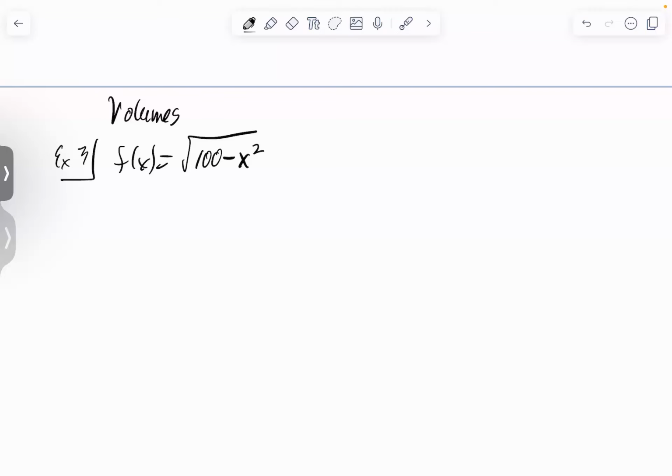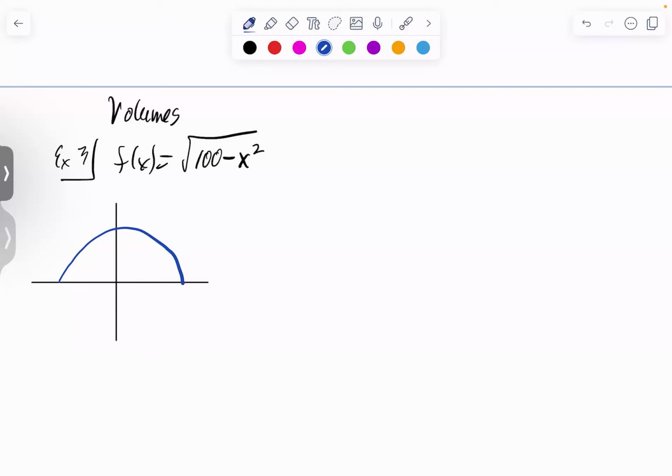We're going to go around the x-axis from 2 to 10. So let's get an idea of what graphically this is going to look like. So we have our graph, which is a circle. In this case, it's the top half of the circle because it's the positive root 100 minus x squared. And we're going to be going from 2 to 10.